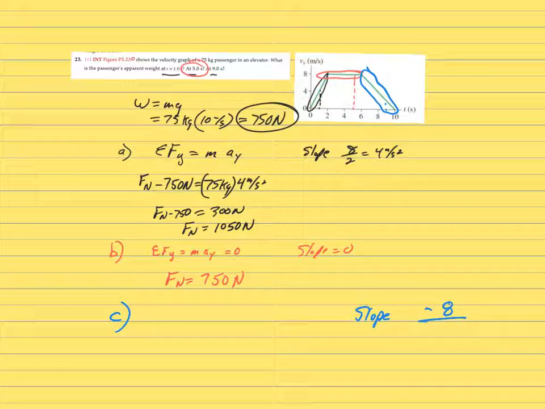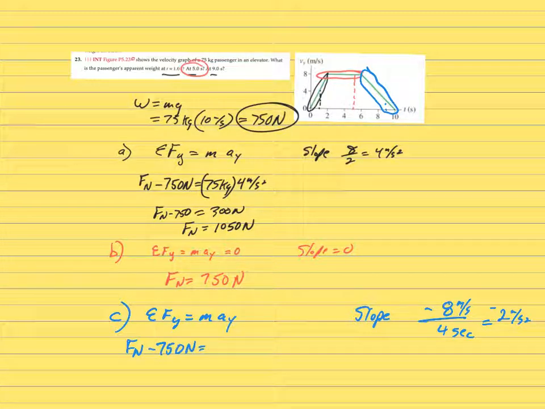And it does that from 6 to 10 seconds, which is 4 seconds. And that would give me 2 meters per second squared, but it's negative. So sum of the forces in the y direction equals mass times acceleration in the y direction. I've got a force normal minus my 750, which is my weight.